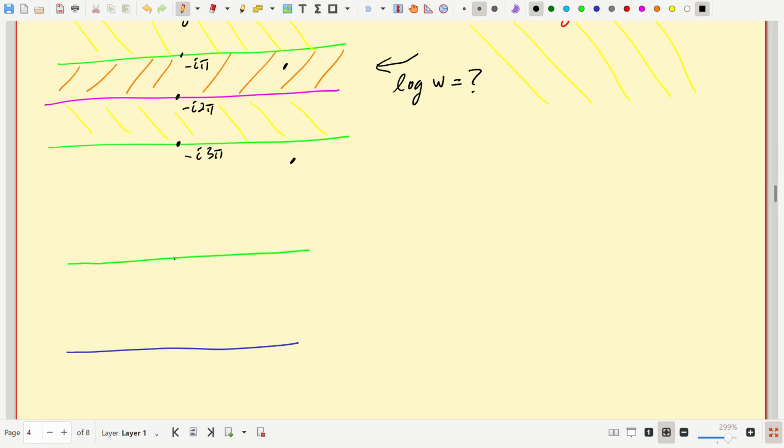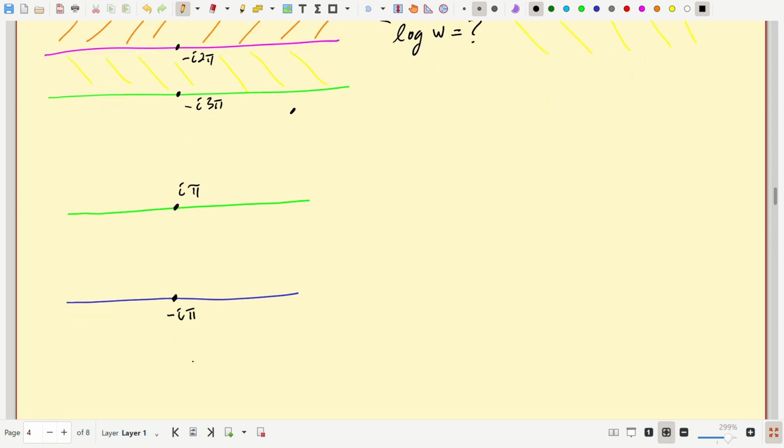And this time I'll put up here i pi, and the blue line is going to be going through minus i pi. That's going to make the angle go from minus pi to plus pi. And you remember the principal argument was relevant for that when we were dealing with minus pi and plus pi. And so now I'm going to use orange still to shade the region here.